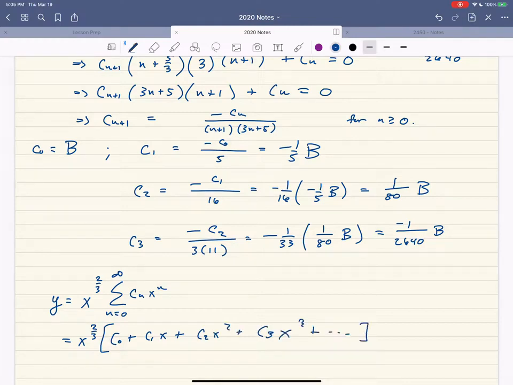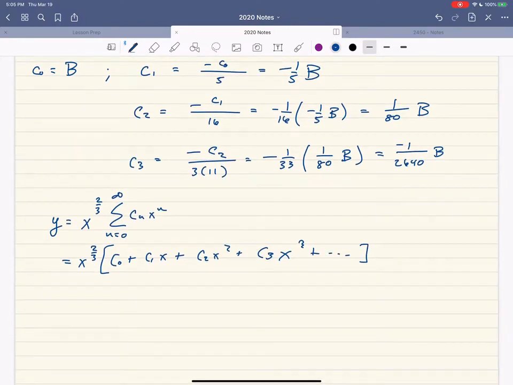And then we're going to sub in our actual values. We get x to the 2/3 times b plus c1, which is minus 1/5 b, x. c2 is 1 over 80 b x squared. c3 is minus 1 over 2640 b x cubed, and so on.